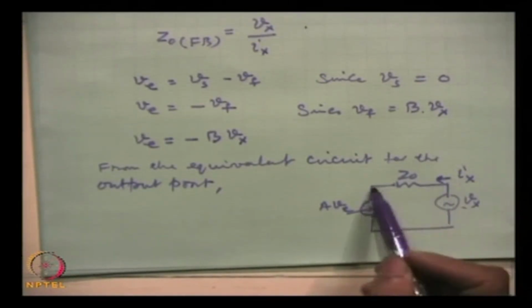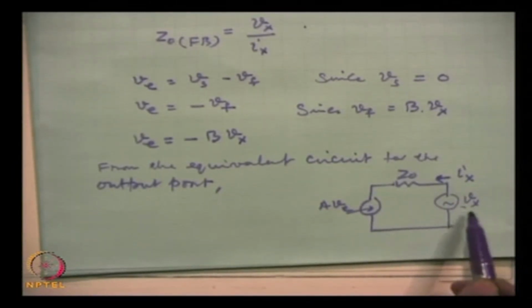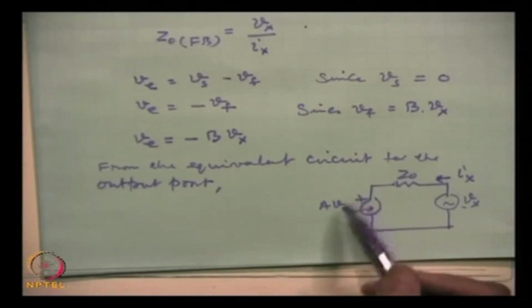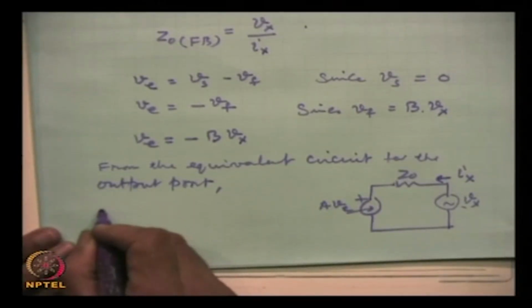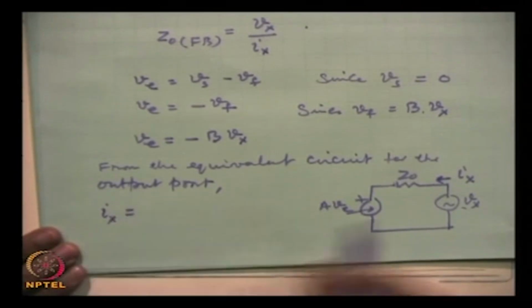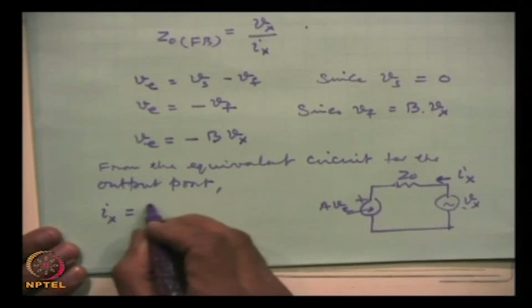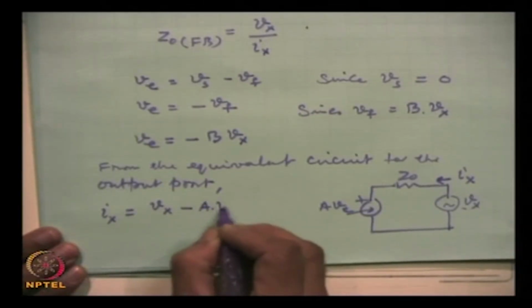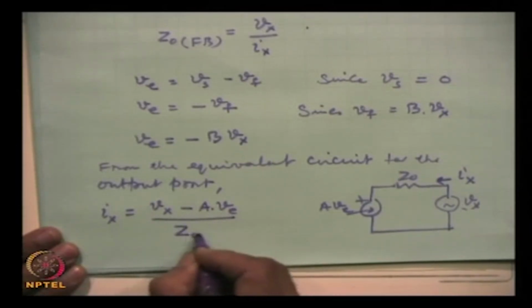If we have a resistance and one terminal is at potential V x, and the other terminal has a potential A V e, then obviously the current will be the difference of these two potentials, that is, by simple Ohm's law, V x minus A V e divided by Z 0.